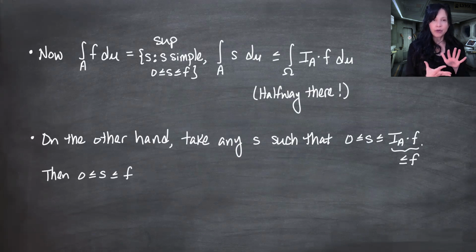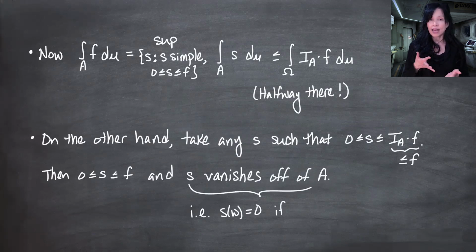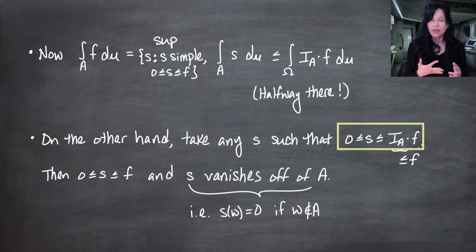And another thing we can get from this is that s vanishes off of A. What I mean by that is if you take s of omega for any omega not in A, you will get 0. So just check that out over here. This is 0 in expanded notation, less than or equal to s of omega, less than or equal to the indicator on A of omega times f of omega. And if you plug in an omega that is not in A, that indicator is going to turn into 0.